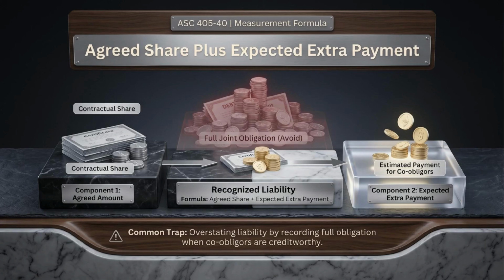The recognized liability equals the agreed share plus the expected extra payment. It is not automatically the full joint obligation. Recording the full legal maximum without evaluating co-obligor creditworthiness can overstate the liability. Joint and several does not mean journal entry for everything every time.